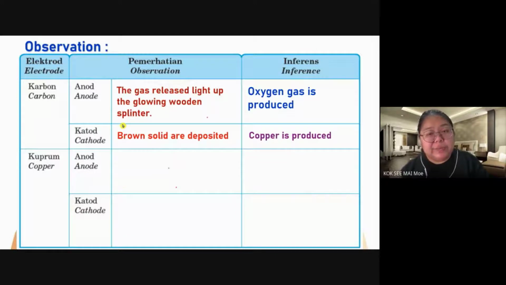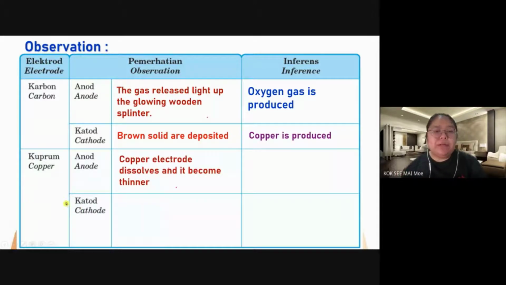It depends on the solution: if it were silver solution, silver would be produced. They are using copper(II) sulfate, so copper is produced. Now if I am using copper, both are copper: the solution is copper and the electrode is also copper. So what happened at the anode? Now the anode starts to dissolve. Dissolving means there is no gas.